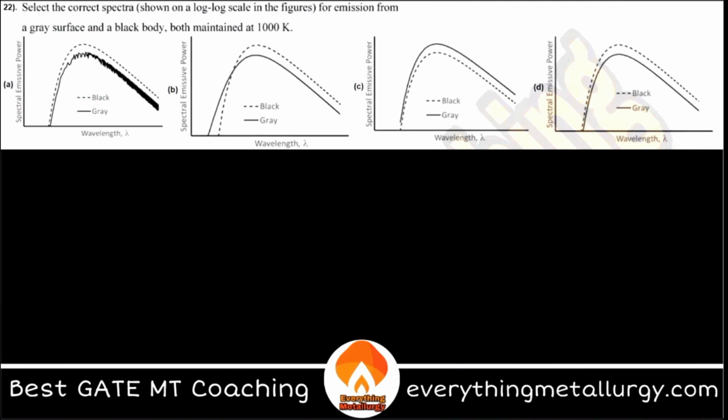So these are the spectra given for emissions from a gray surface, that is nothing but a gray body, and a black body. So what is a black body? A black body is something which can absorb all the radiations.